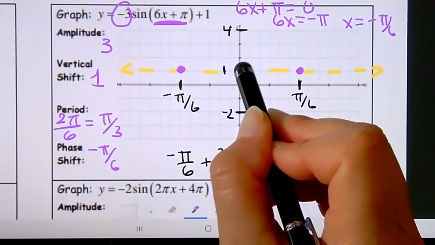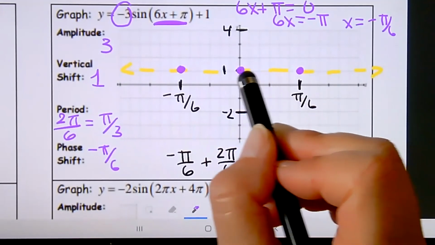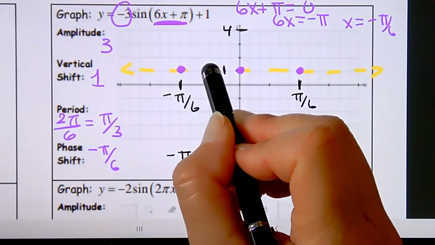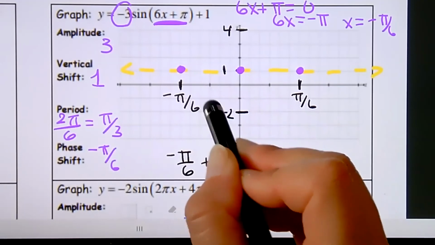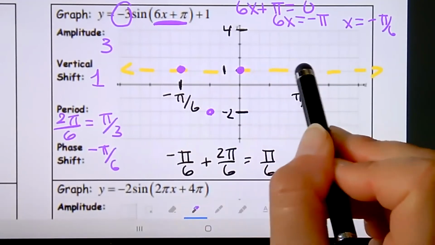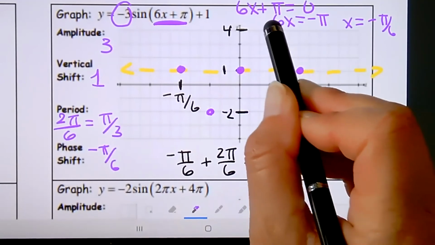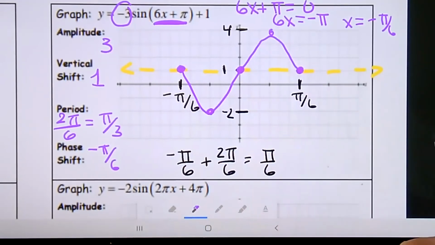Halfway in between is my other 0. And then halfway in between those, in this case, I'm going down first. I'm going to be 3 below, which puts me at -2. And here, halfway in between these, I'm going to be 3 above, which puts me up at 4. And there's my graph.